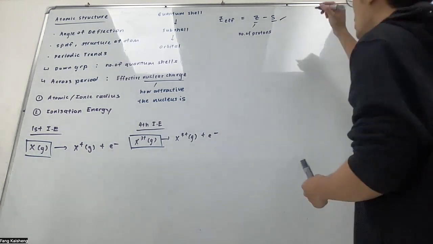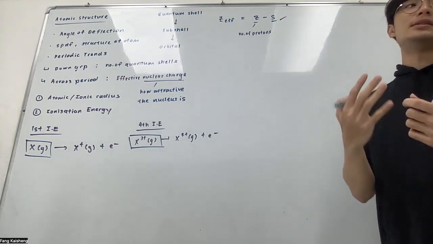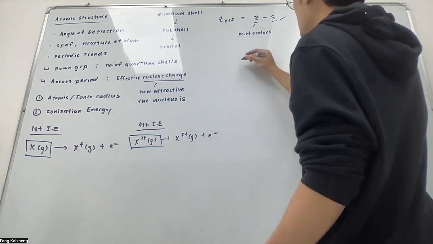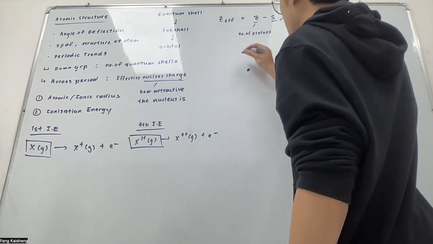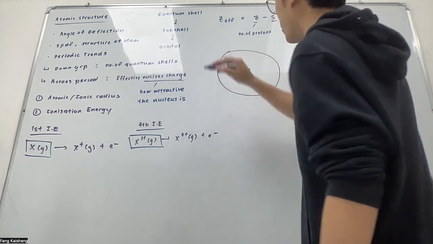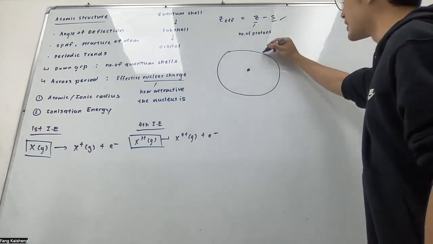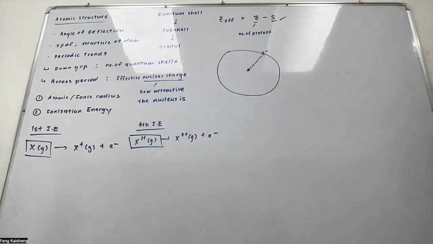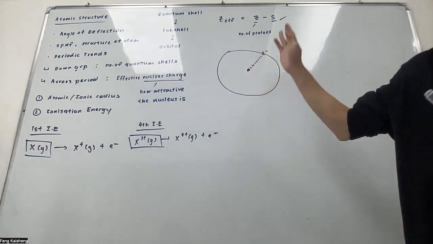Let's explain this. What is shielding? Shield means it's kind of like an obstruction, right? Imagine the nucleus, and then imagine this as the outermost shell. Between the nucleus and the outermost shell, there are bound to be attractions, right? Now, is there only the outermost shell? No. There are also a lot of inner shells, right?